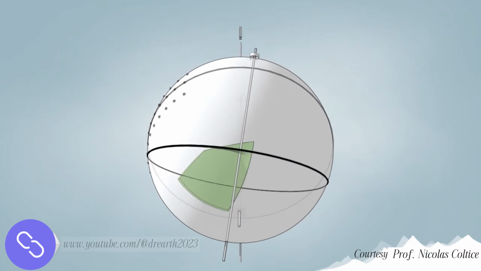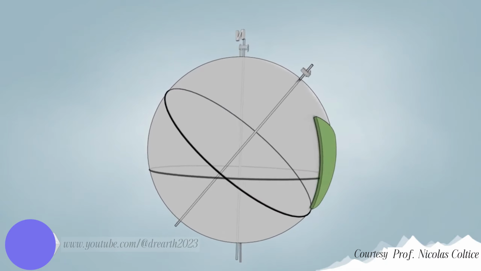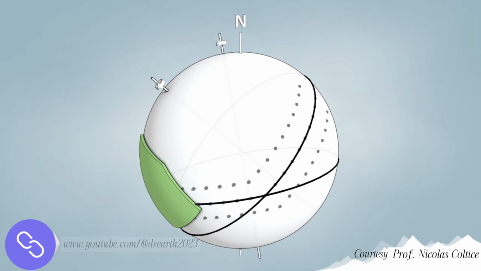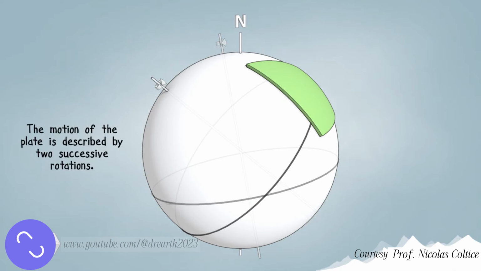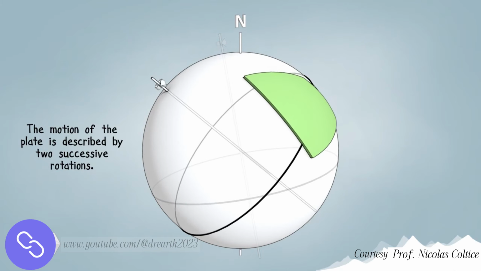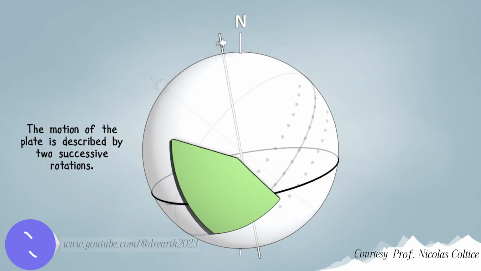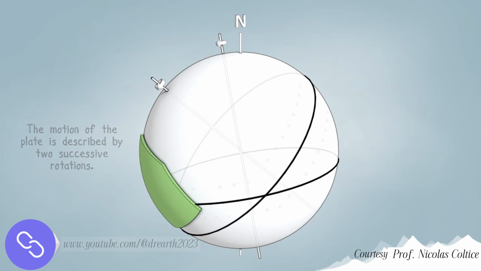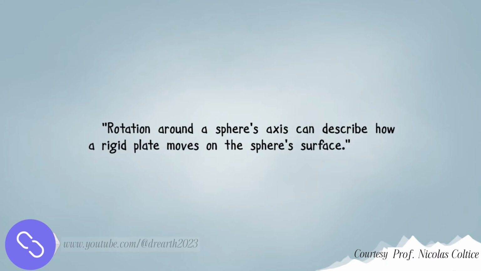When these plates collide with other plates, we get different types of motions, and sometimes we get energy that is locked up, and this is how we get natural phenomena on earth. But in this example, I'm just showing you a single plate rotating around the sphere's axis. This describes the movement of the plate on the sphere's surface, which is our planet.